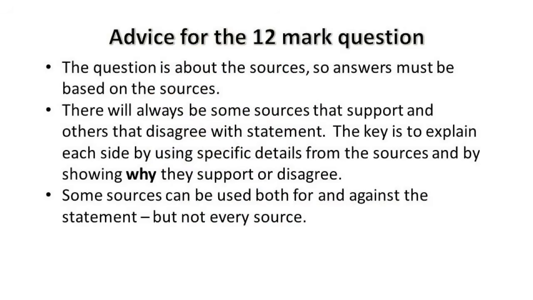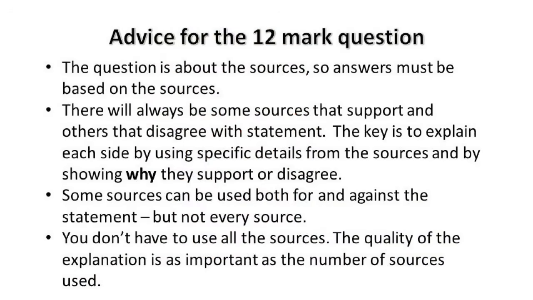Thirdly, sometimes a source can be interpreted in different ways and can be used both for and against the statement, but not every source. Fourth, it's not necessary to use all the sources. Sometimes there might be a source that doesn't really have a bearing on the statement. The quality of the explanation is just as important as the number of sources used.